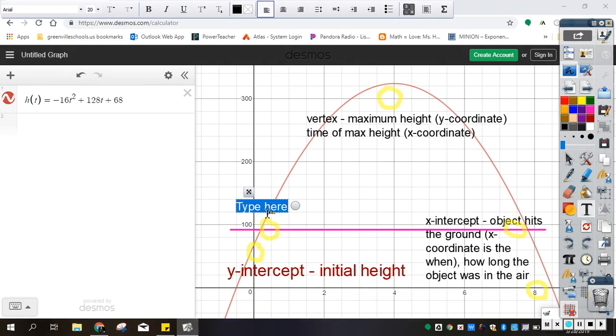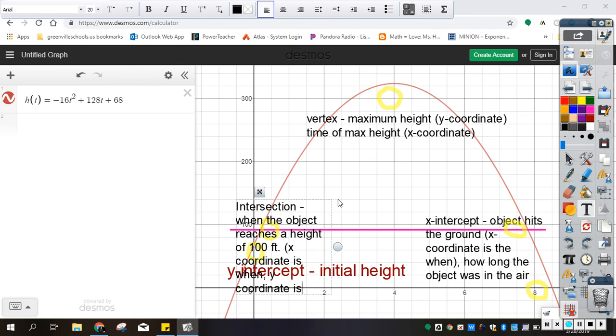So the intersection is when the object reaches a height of 100 feet. And the x-coordinate is when, the y-coordinate is the height.